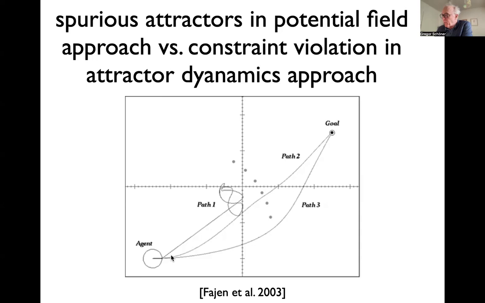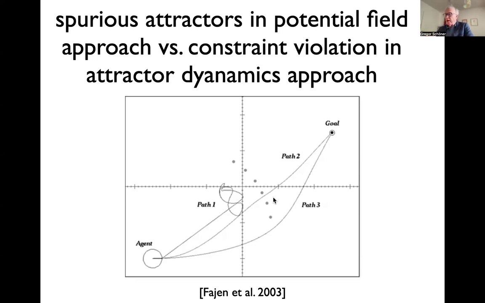But the attractor dynamics approach can also have difficulties. This would be a correct solution, but here would be a solution that violates constraints when you go between these two obstacles. And that's essentially because these two push to the left and these push to the right, and these two influences can cancel. And that's also something that the attractor dynamics approach has to find solutions for.